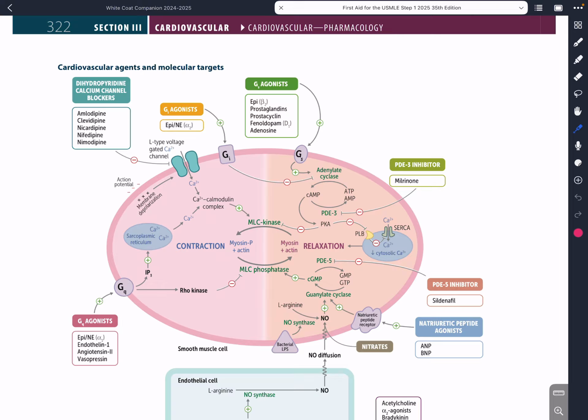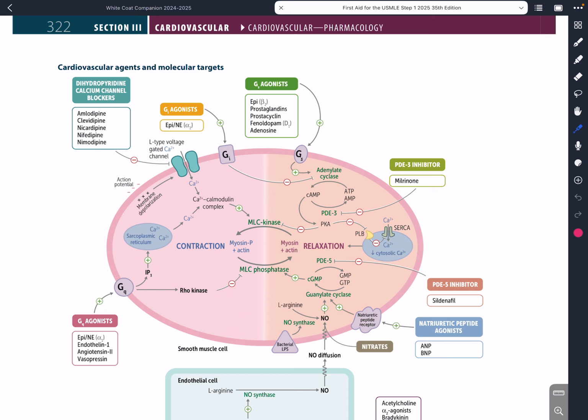Another way to remember D1 is F1 race. So D1, F1 race, like the car race F1. So fenoldopam is a D1 receptor agonist. Adenosine is also a Gs agonist. S for stimulation. So Gs means it positively stimulates adenylate cyclase.